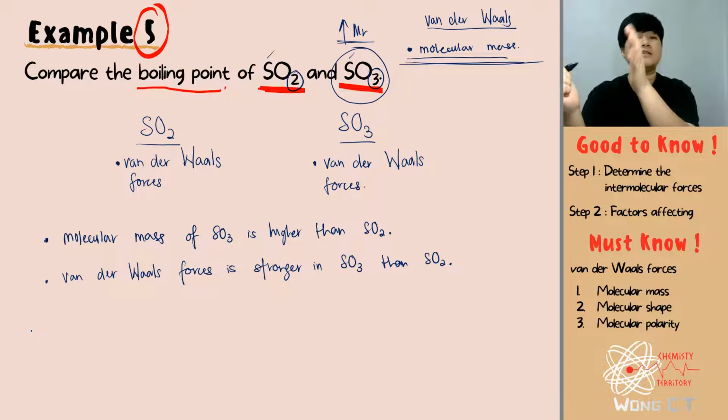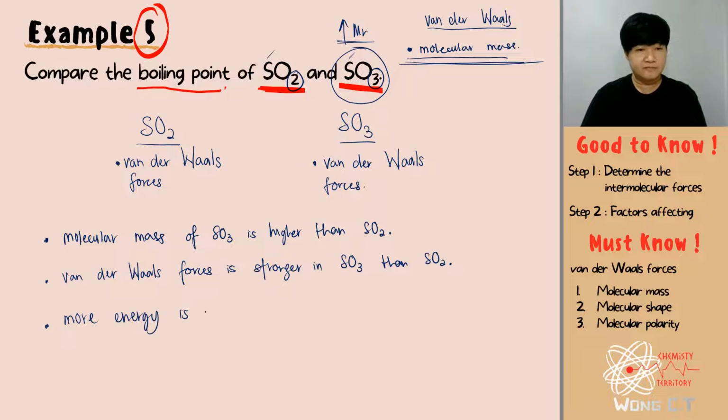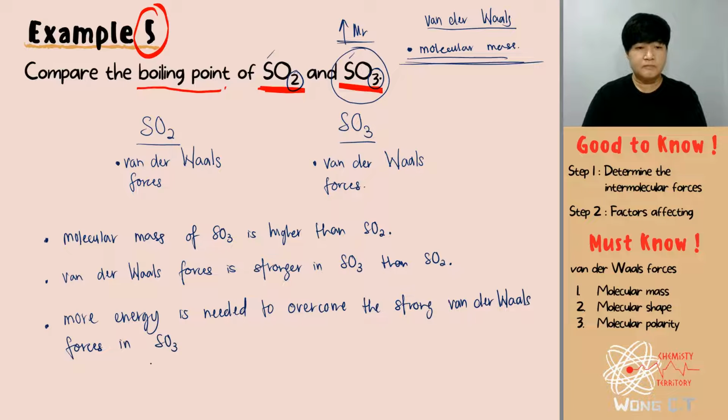Because more energy is needed again to overcome the strong van der Waals forces. And whenever more energy is needed to overcome the strong van der Waals forces in SO3, straight away, ladies and gentlemen, SO3 has a higher boiling point.